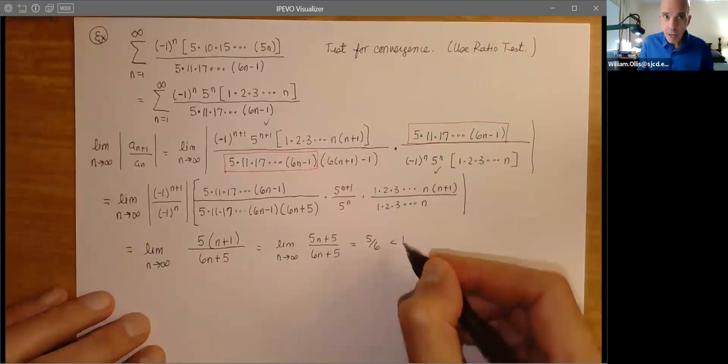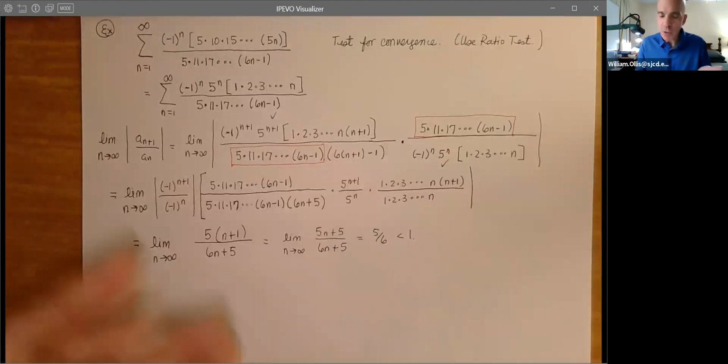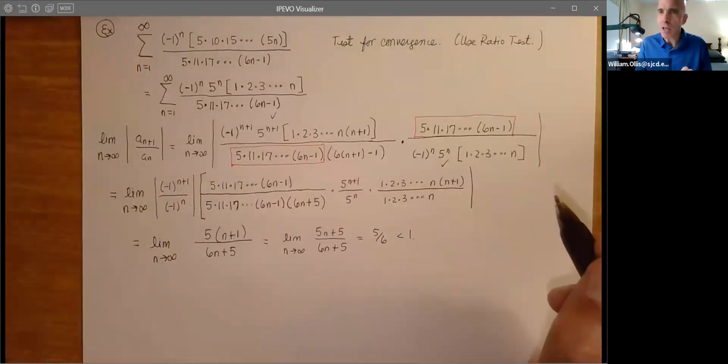So now we see here, maybe this is the first example where, well, it's the third example, but clearly here, you wouldn't have thought about any other test. That would have never come to mind. And then you're thinking, well, this is an alternating series. And it's like, well, I could try to show that it's non-increasing and show that the limit is equal to 0, but that would be rather daunting the way it's written.